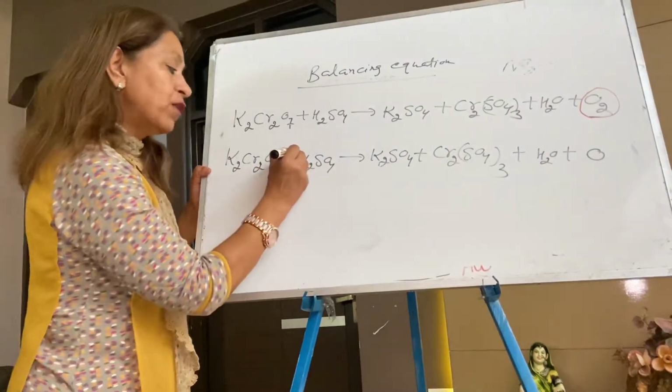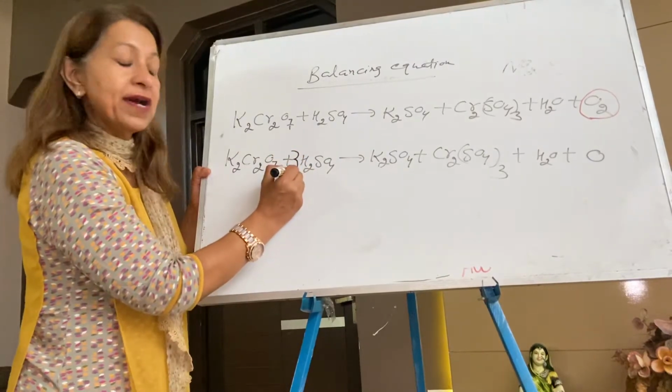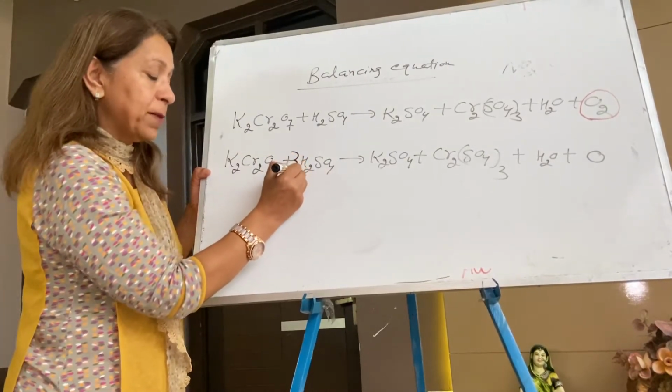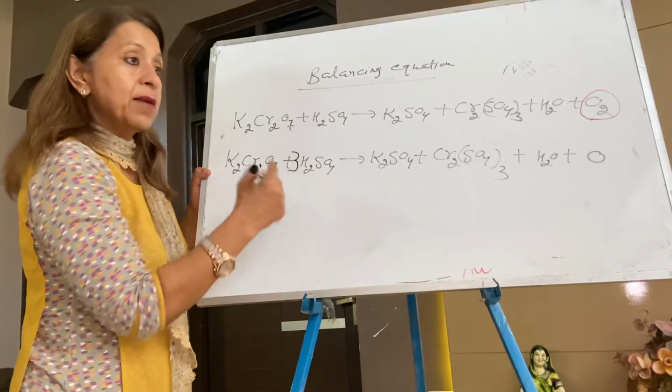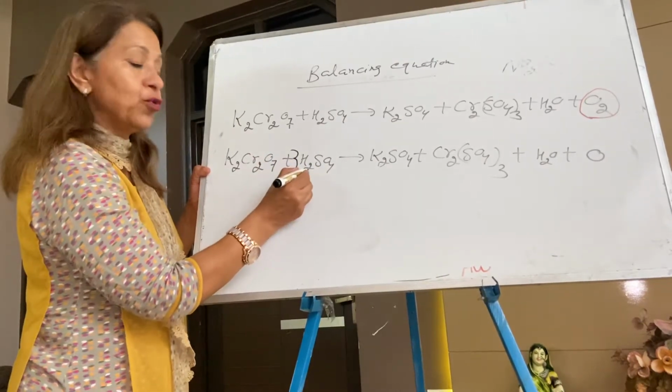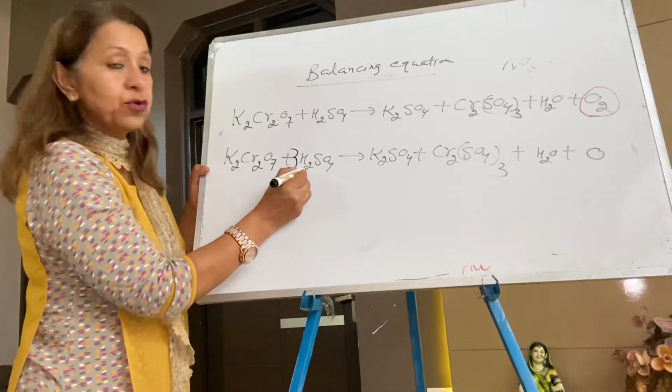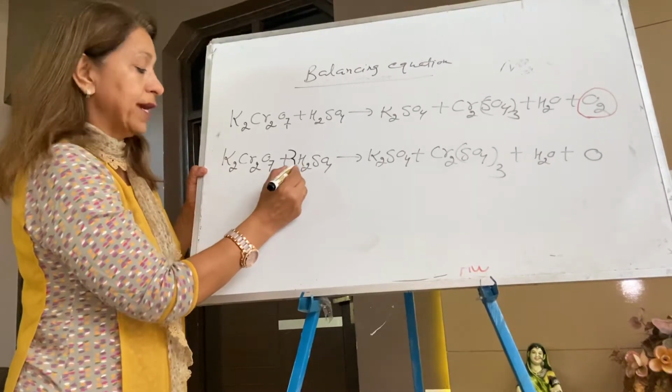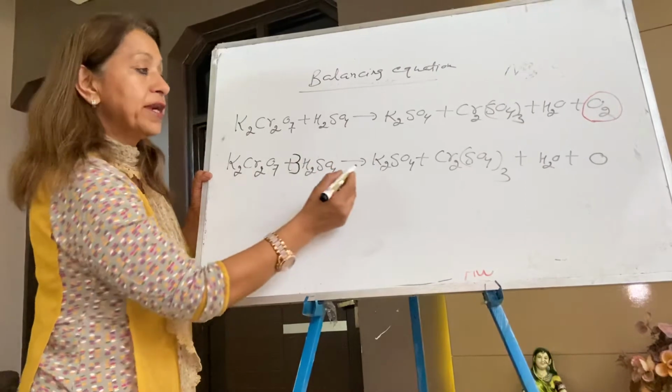So wherever you put the number, as I told you in my last lecture, the number of the other atoms gets changed. Now it is 3 into 2, 6 hydrogen atoms.